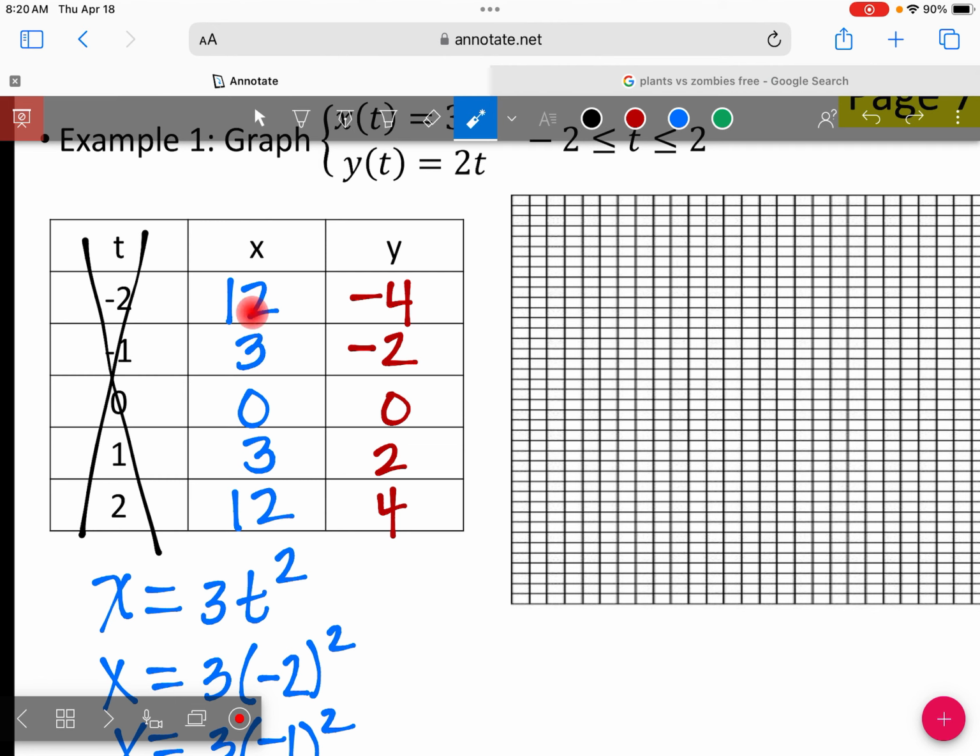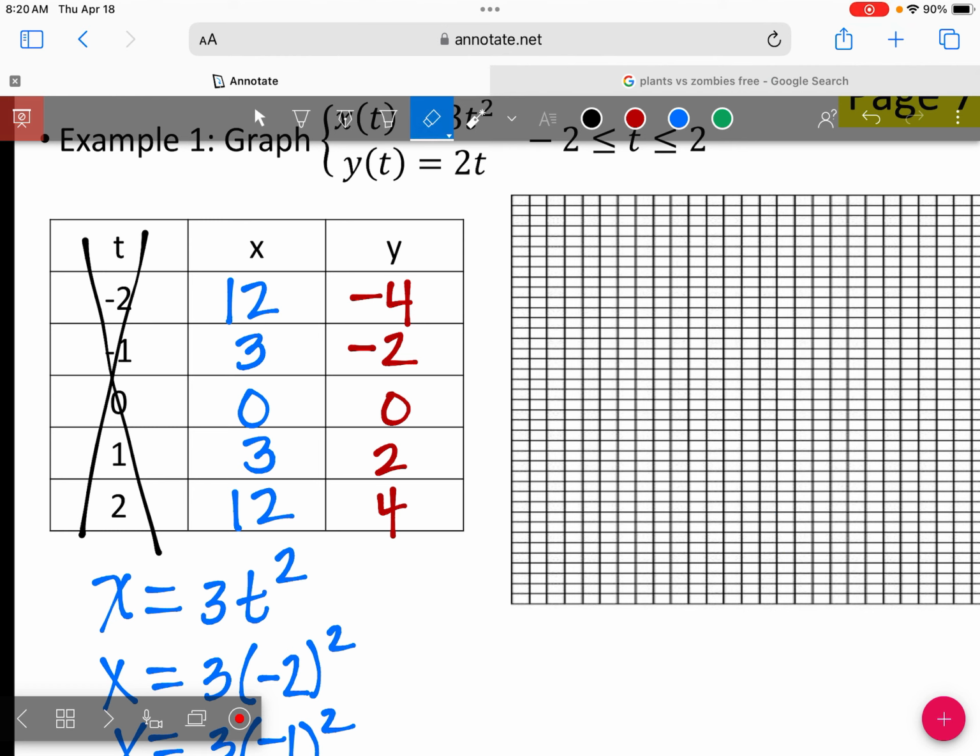So it really wouldn't make sense for me to put my Y-axis in the middle because I'm not going to use anything on the left side of Y because X is all positive. So what I'm going to do is just move my Y-axis to the edge.